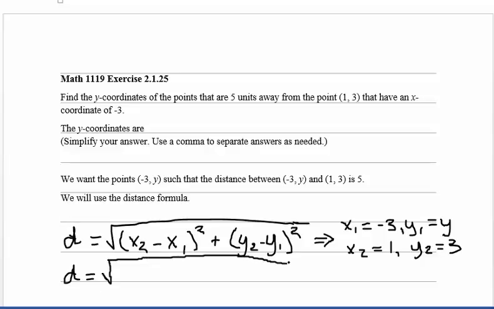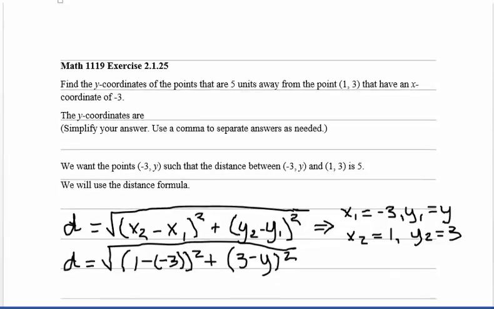So our distance then, filling into the formula, is the square root of the difference between 1 and -3 squared plus the difference between 3 and y squared.